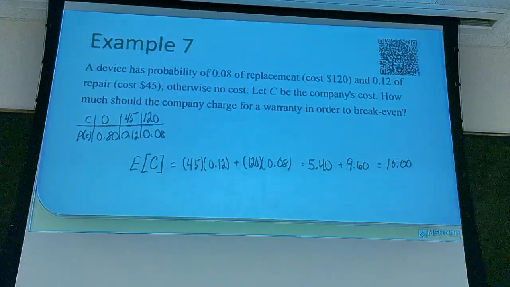And don't forget units. Expected cost for the company is $15. So to break even, they should charge $15 for a warranty.